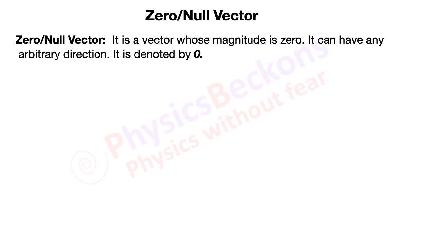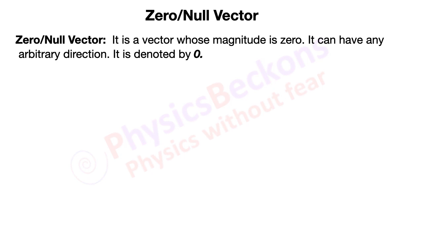It is denoted by bold 0, which is also italicized, as is our convention for denoting vectors. Why arbitrary direction? Because whatever direction you assign to a vector of 0 magnitude, it is immaterial. A force of 0 Newton acting on a table towards east, west, north, south, upward, downward will not make any difference because the magnitude is 0.